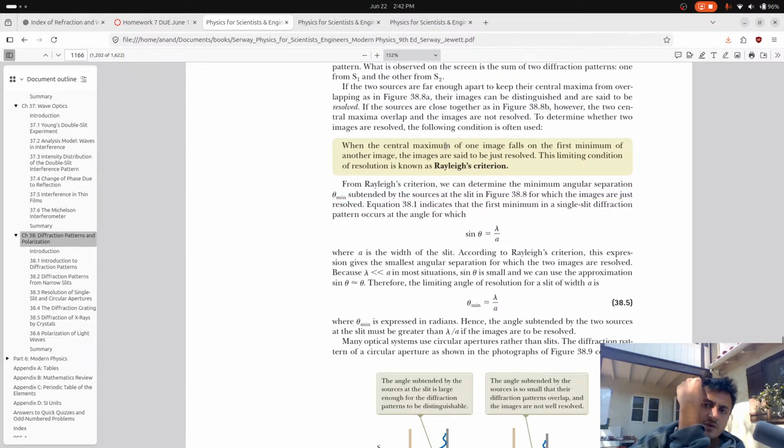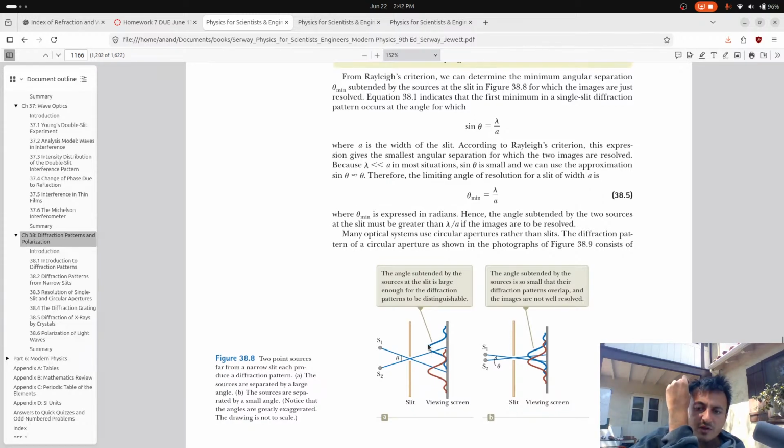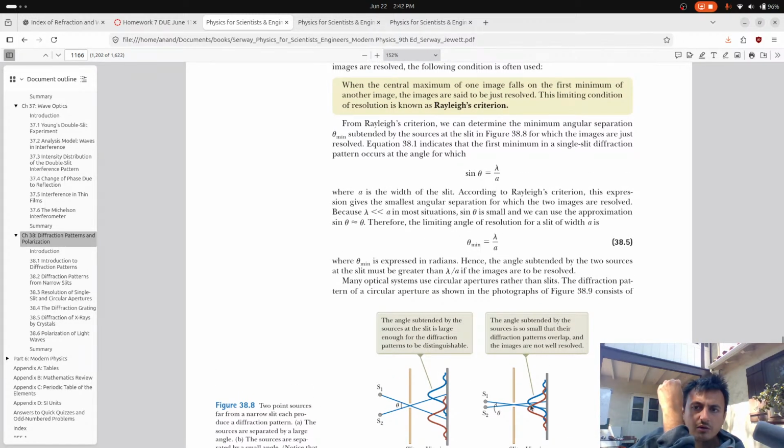Let's read it one more time. When the central maximum of one image falls on the first minimum of another image, the images are said to be just resolved. This limiting condition of resolution is known as Rayleigh's criterion.